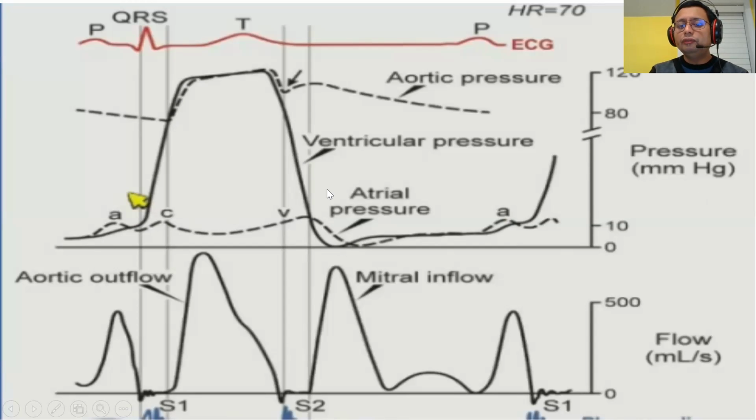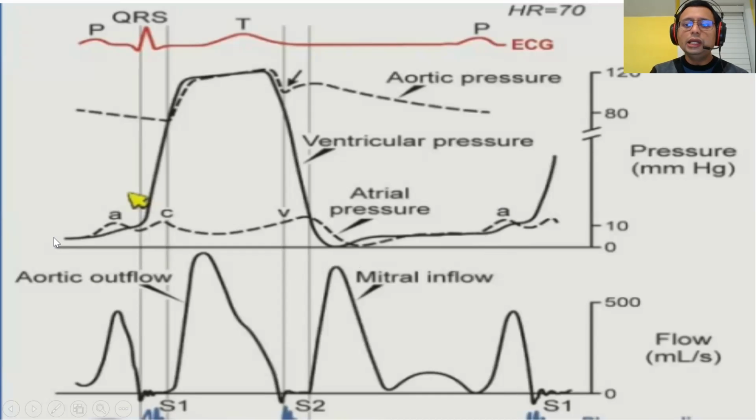The early part of relaxation is what we call rapid filling of the left ventricle, corresponding to the E wave of the mitral inflow. The late filling of the left ventricle corresponds with atrial contraction, or the A wave of mitral inflow.